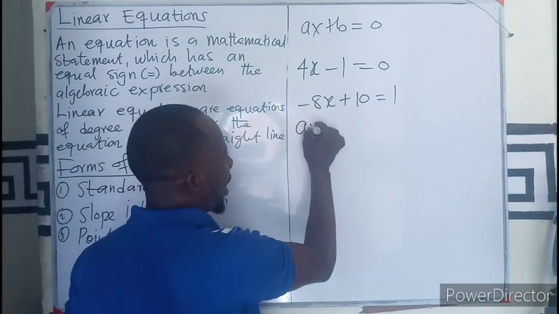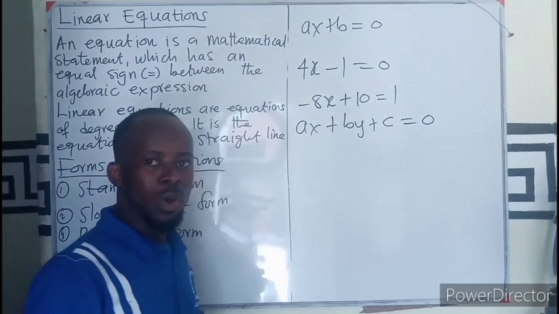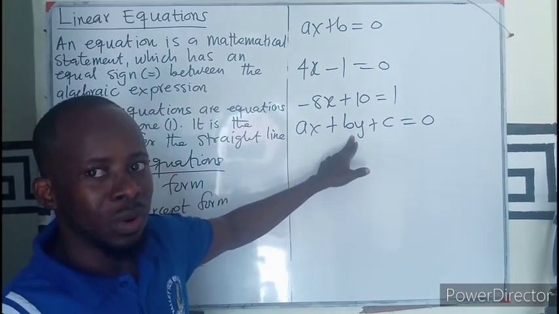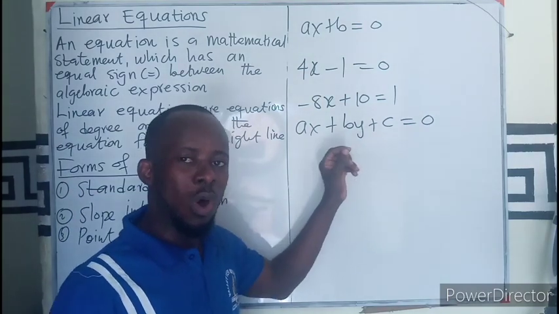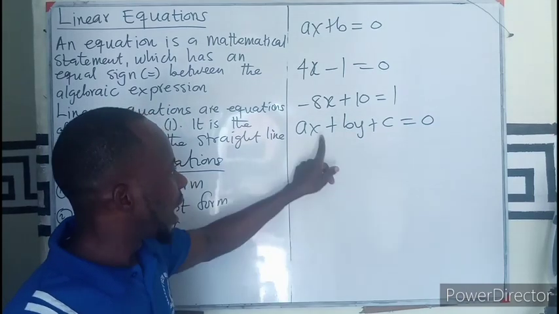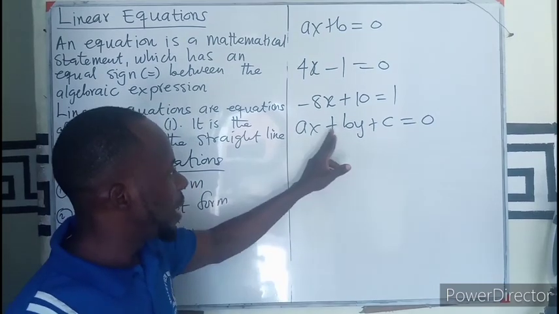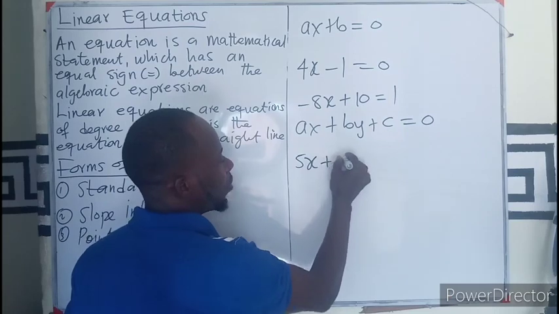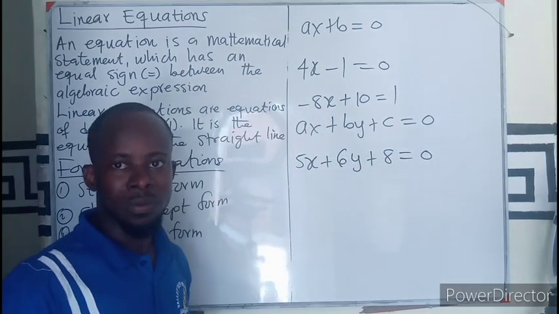Then we have ax plus by plus c equals 0, where a and b cannot be 0. When a and b are 0, we are left with only c. So this is also an equation involving 2 variables. We can say variable x and variable y. So if a, b, c are constants, I can have 5x plus 6y plus 8 equals 0.